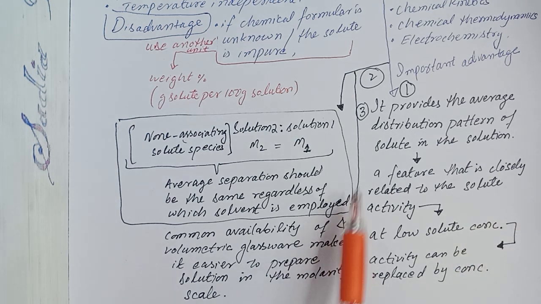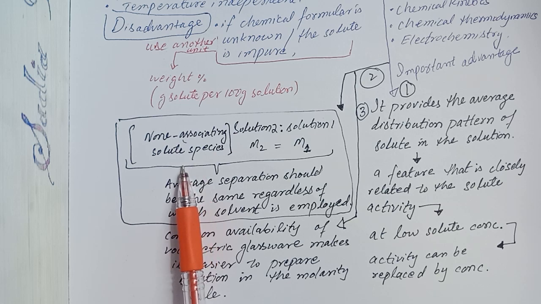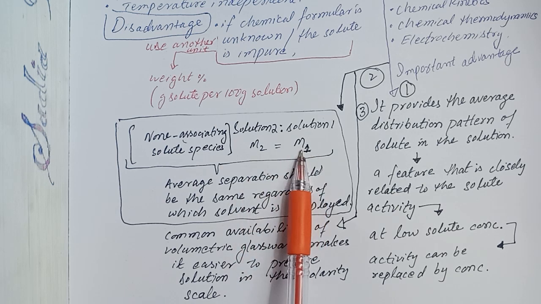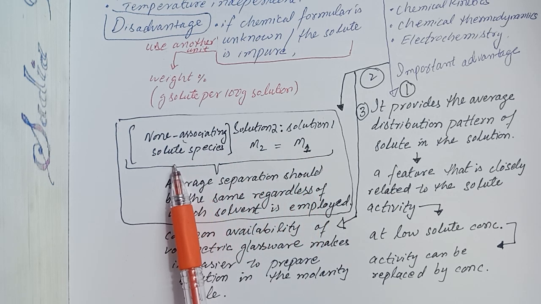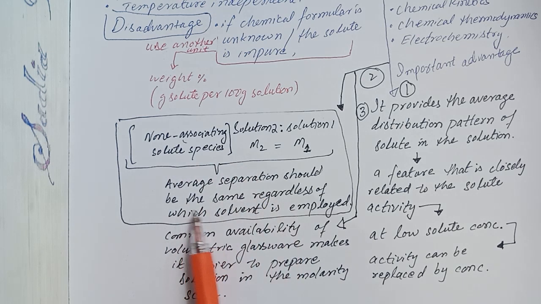The second one is non-associating solute species. For example, for solution 2 and solution 1, if the molarities of these solutions of non-associating solute species are equal, the average separation should be the same, meaning the particles of the solute are separated by the same distance, regardless of which solvent is employed.